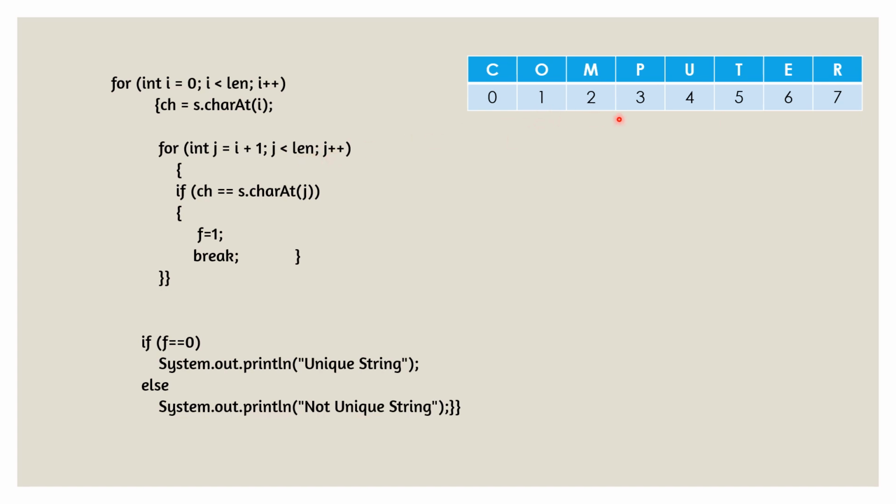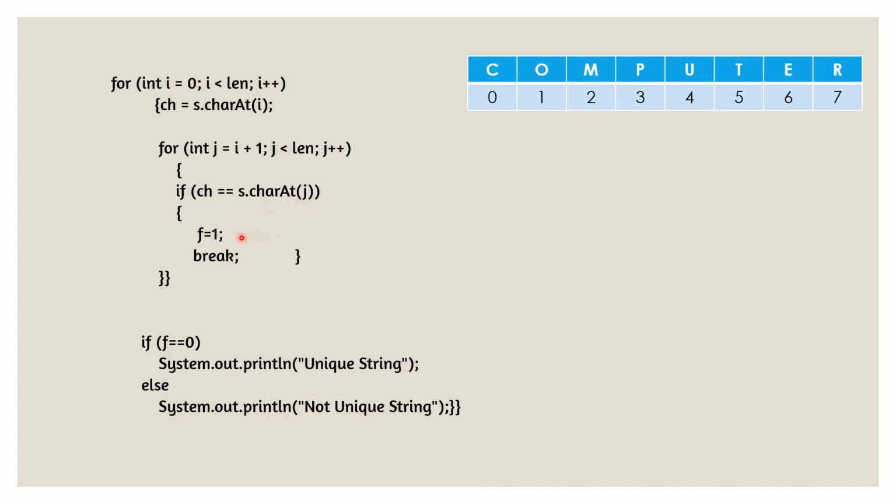Starting from the next number till length, then we will check if ch, if the particular character c, is equal to s.charAt(j). j will be going 1, 2, 3 up to 7 here. Then we will check if c is coming anywhere in the word or sentence. If ch is equal to s.charAt(j), if it is there, f will become 1.